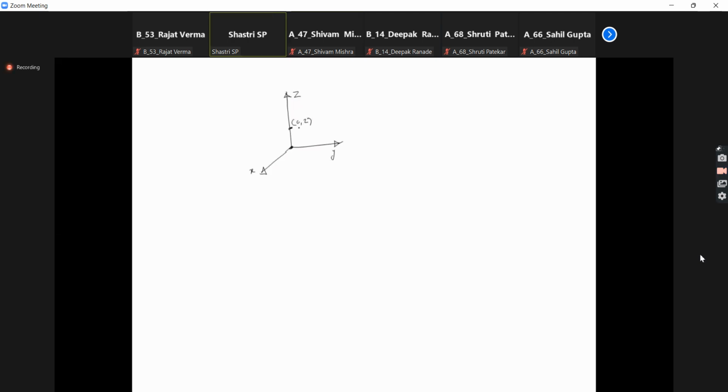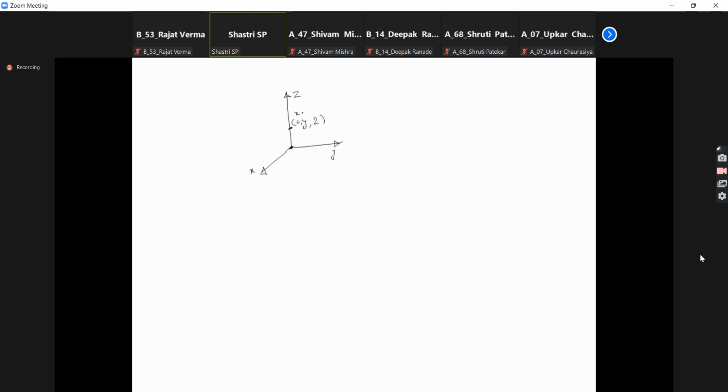Even though it is a three-dimensional coordinate system, I have mentioned only x and z here. Better I should include all, so there is no confusion.